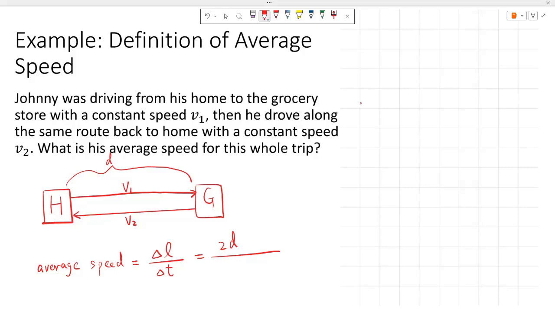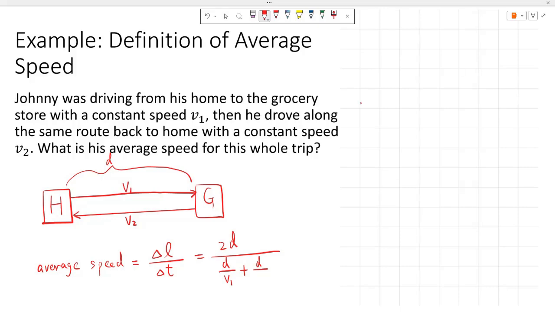I'm sure you can see that the time taken from the home to the grocery store must be the distance, which is d, divided by the speed on the way from home to the grocery store, v1. So d divided by v1 is the time for the first part of the trip. Now for the returning, well, we can do the same thing, right?